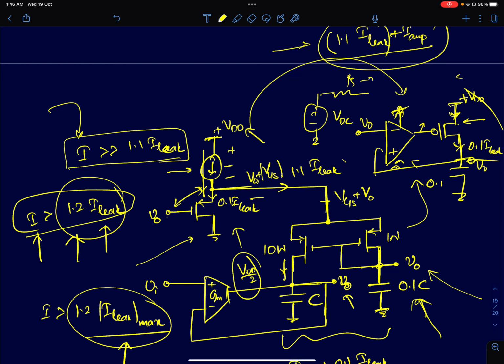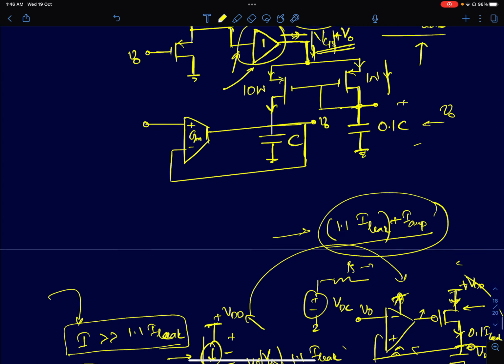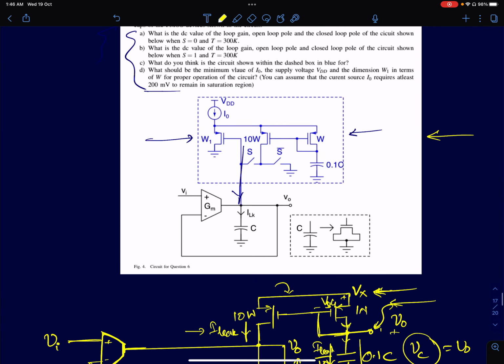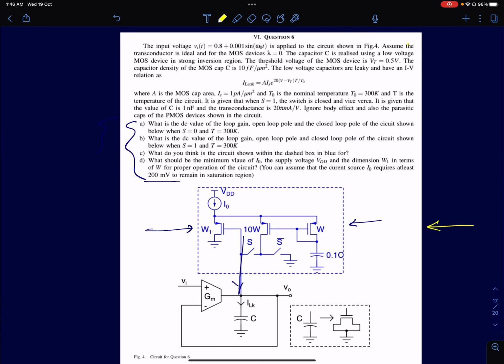So that's it. I've just discussed this idea, and for the remaining parts of this question, which is what happens to open loop and closed loop poles, the same things which we discussed in the previous lecture will also hold true there. So you don't need to rework it here.